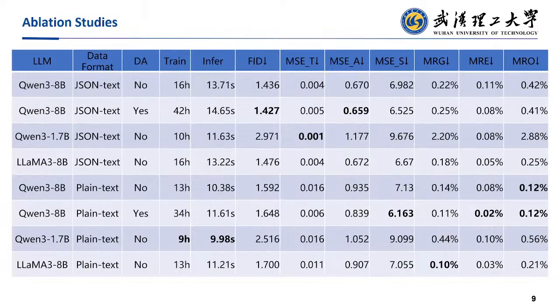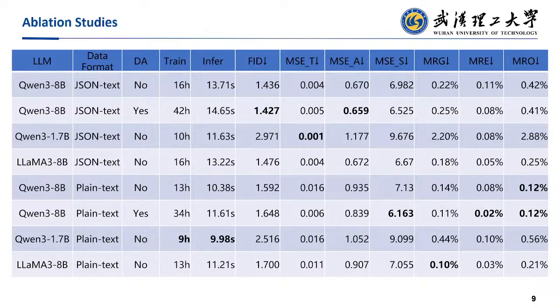So here we have some ablation studies, because we ask whether it is possible to use a different large language model. Here we compare Qwen and Llama, and we also tested some others, but we didn't show them here. We can see that actually, which large language model you choose doesn't matter too much.